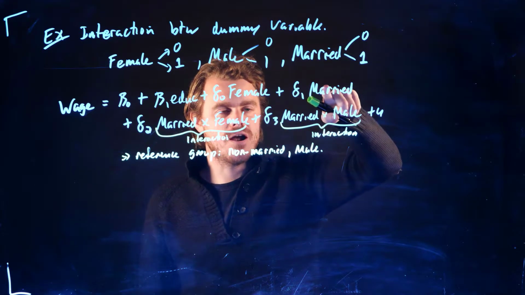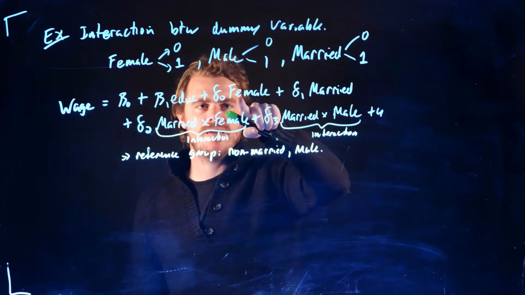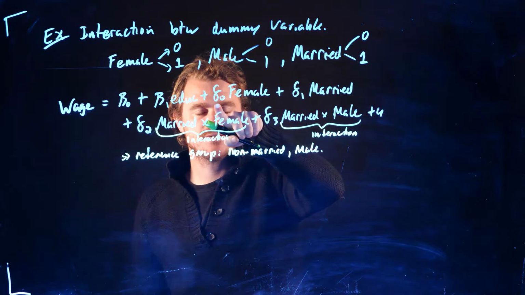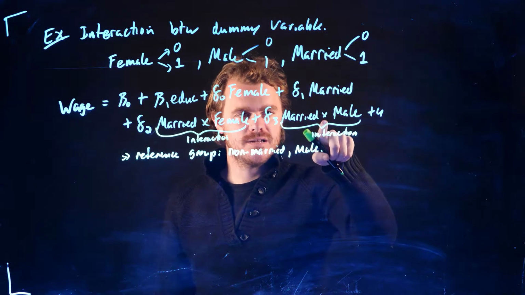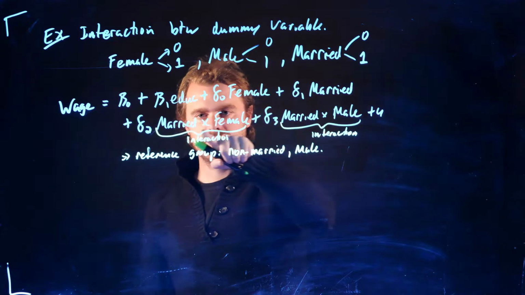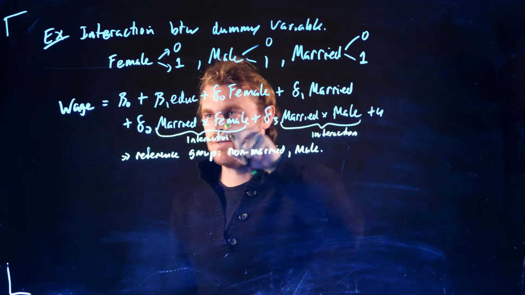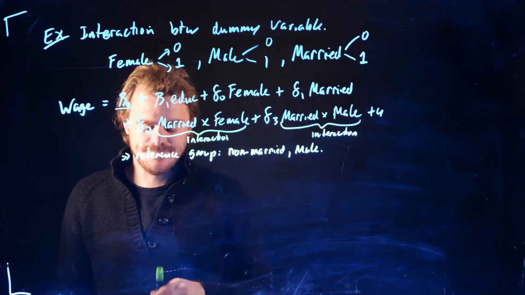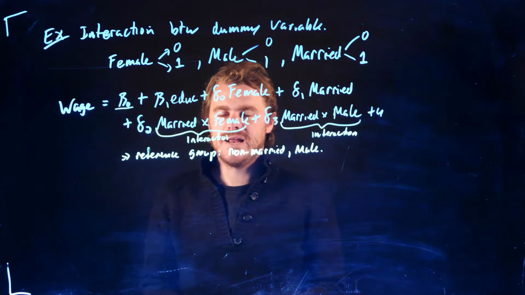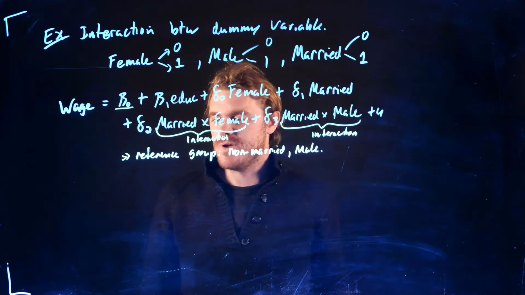So they can't be married, because then this effect would show up, and they can't be female, because this effect would show up. So they're non-female, non-married. This variable equals 0, this variable equals 0, this variable equals 0, and this one equals 0. So the intercept for that reference group is just beta 0. Whereas everyone else is going to have a different intercept based on which group they're part of.